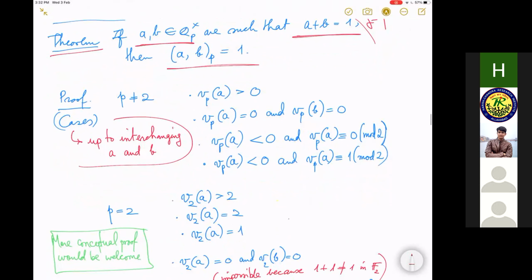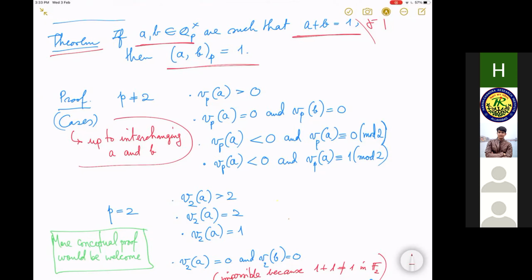I have cooked up a proof which I don't particularly like, because it's a case-by-case analysis. It works, of course, but it would be interesting to have a more conceptual proof. If somebody can find it, or comes across a more conceptual proof, I'd like to hear from him.